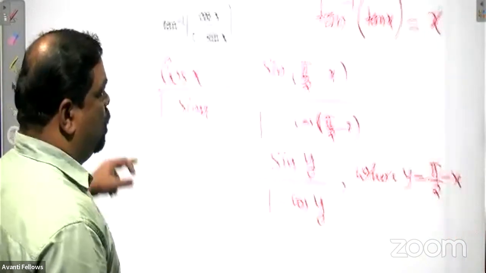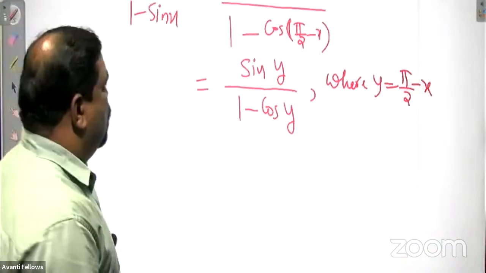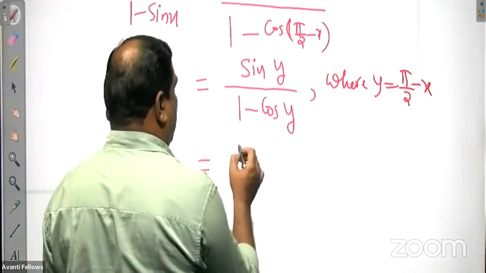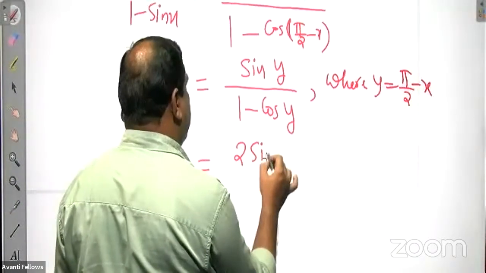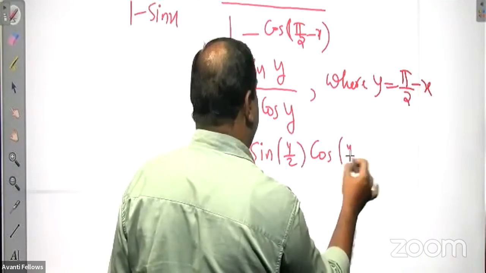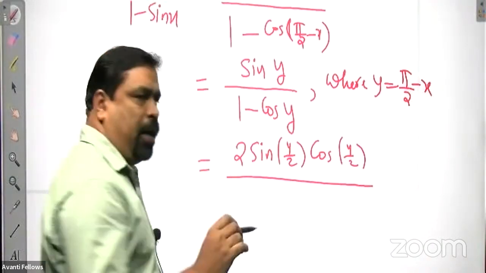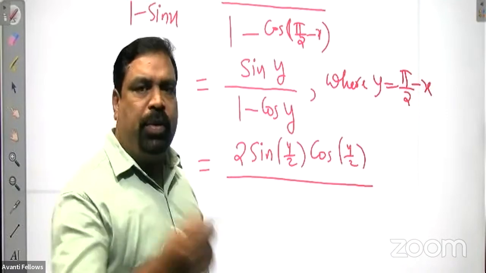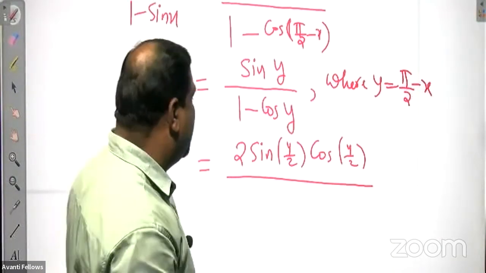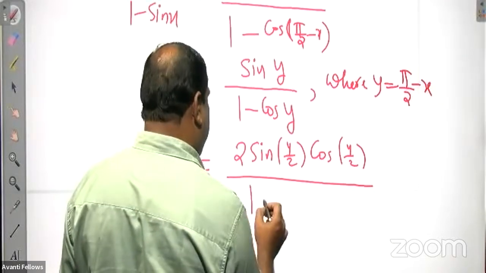Then sin y can be written as 2 sin y by 2 cos y by 2, using the identity sin 2 theta is 2 sin theta cos theta, divided by 1 minus cos y.